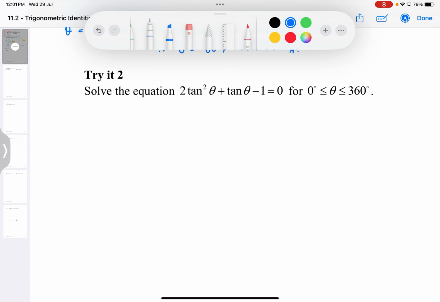Okay, tangent. First step, what must we do first? Yes, factorize. 2 tangent theta and tangent theta, then 1 and 1. Great. So do your factorization, then do your difference of 2 squares.